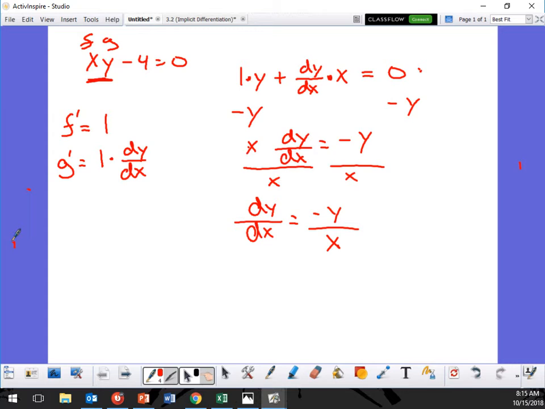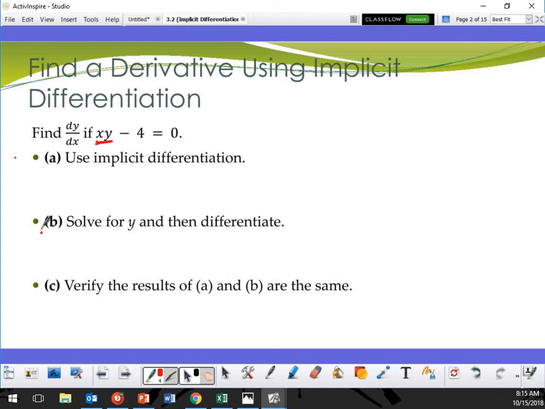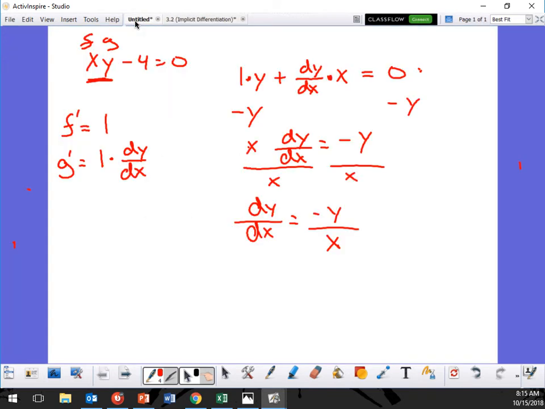Slightly different, right? All right, so now I'm going to do it again, but this time it said solve for y, then take the derivative. So it's xy minus 4 equals 0. Solve for y. To get y by itself, first what would I do to that 4?